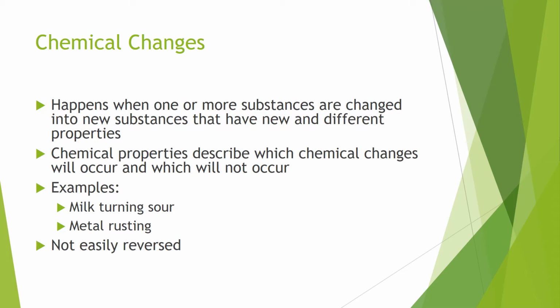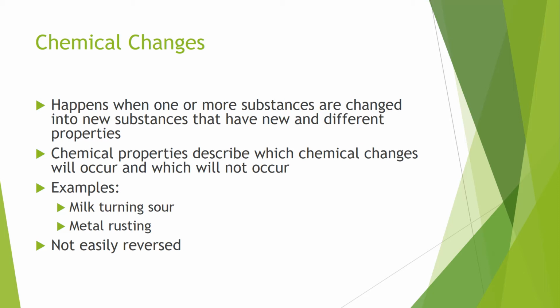A couple examples of chemical changes, and there's tons of them out there. One would be milk turning sour. As milk goes bad, it ferments, it gets gross, but it's changing into a completely different substance. When metal rusts, it is changing the appearance, but the iron is also reacting with water and oxidizing, changing into a completely different compound.